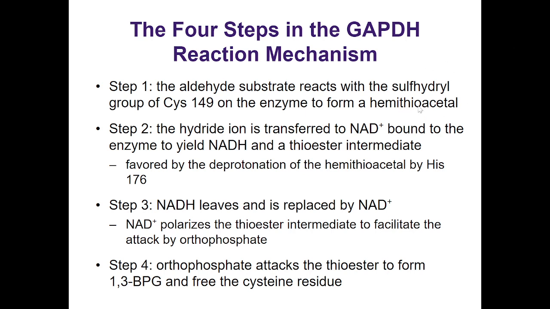Yeah, instead of being the oxygen, though, remember it's a sulfur instead of oxygen. Step 2, the hydride ion is transferred to NAD+, bound to the enzyme, to yield NADH and a thioester intermediate. This is favored by the deprotonation of the hemi-thioacetal by His-176.